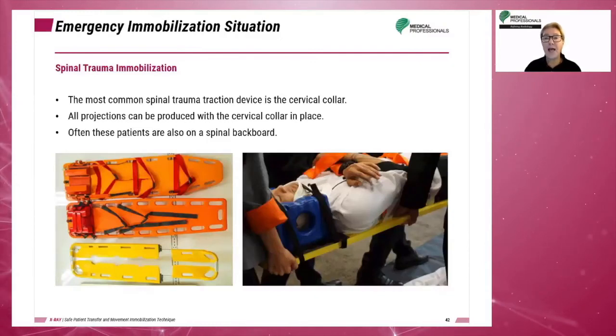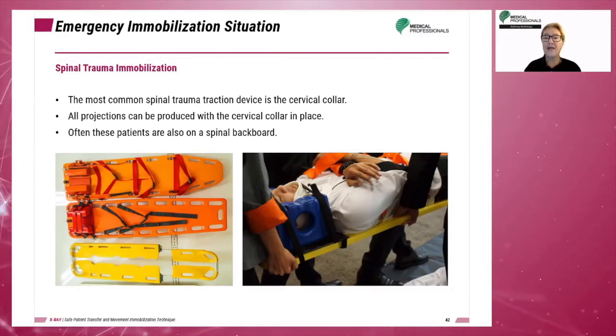The most common spinal trauma traction device is the cervical collar. All projections can be produced with a cervical collar in place. Patients are placed in a cervical collar and often on a spinal backboard.